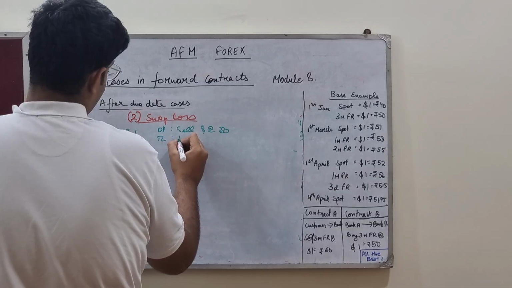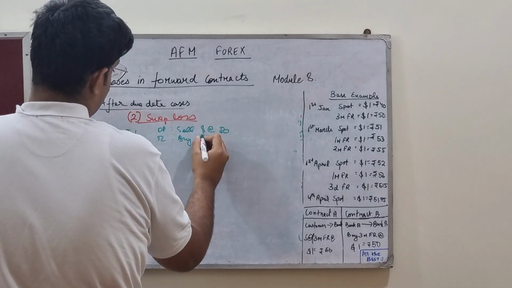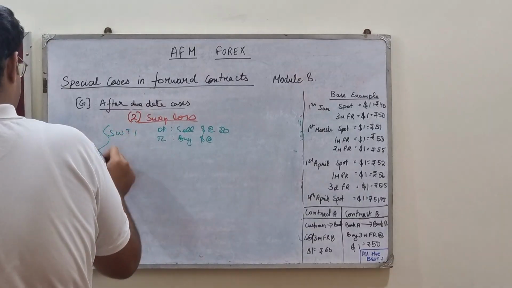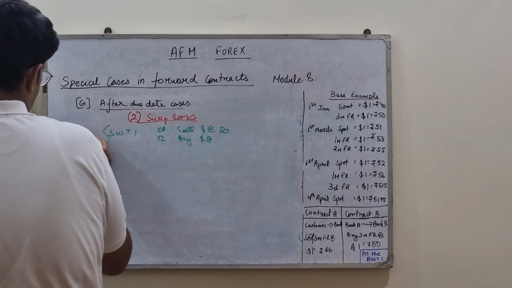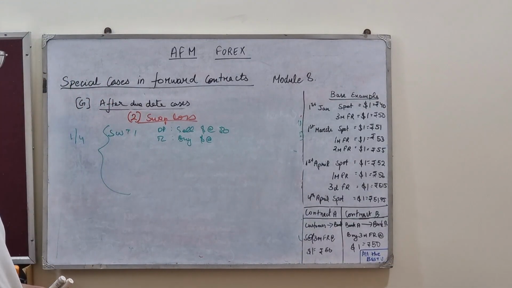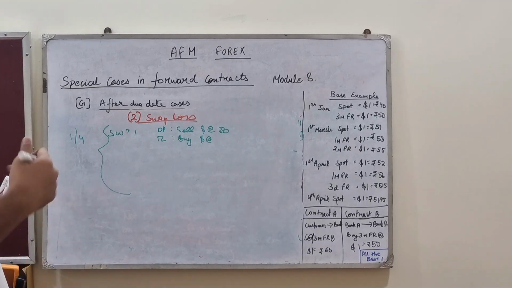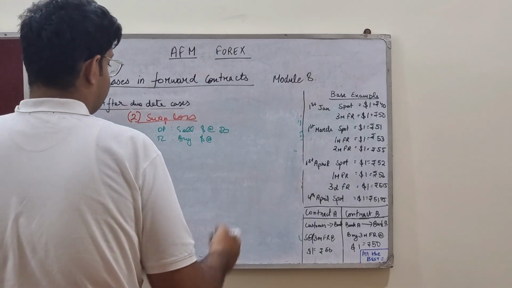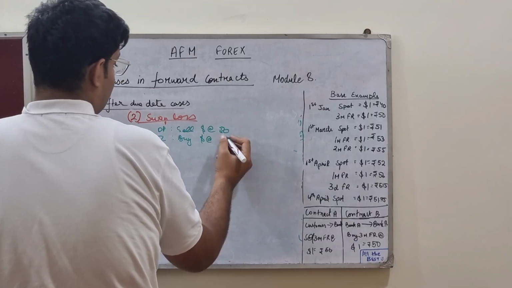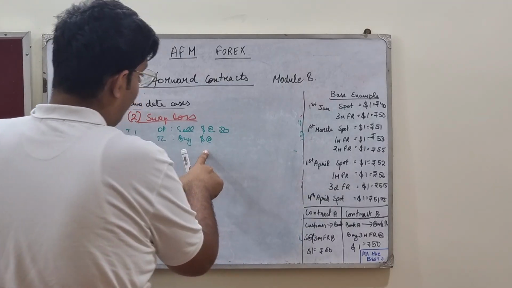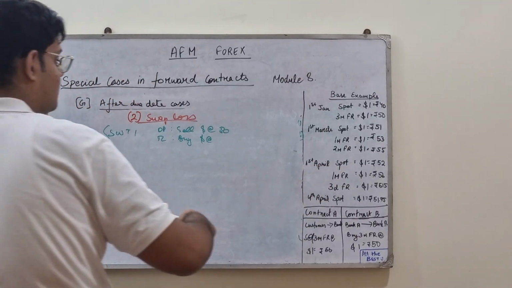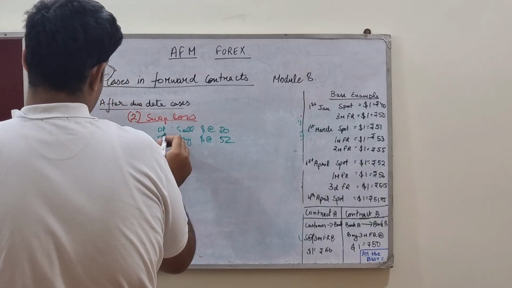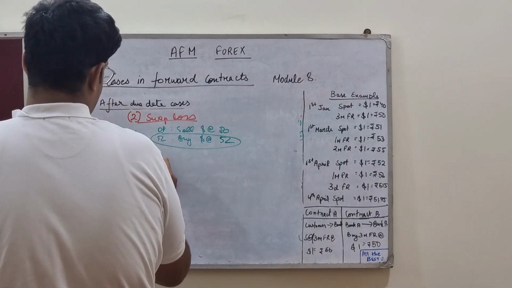To cancel, you have to buy dollar at spot. These transactions are going to take place on 1/4, because on 1/4 we have to either cancel or execute the first contract. So we have to buy at spot to cancel it. The spot rate is 52. So this is swap transaction 1.